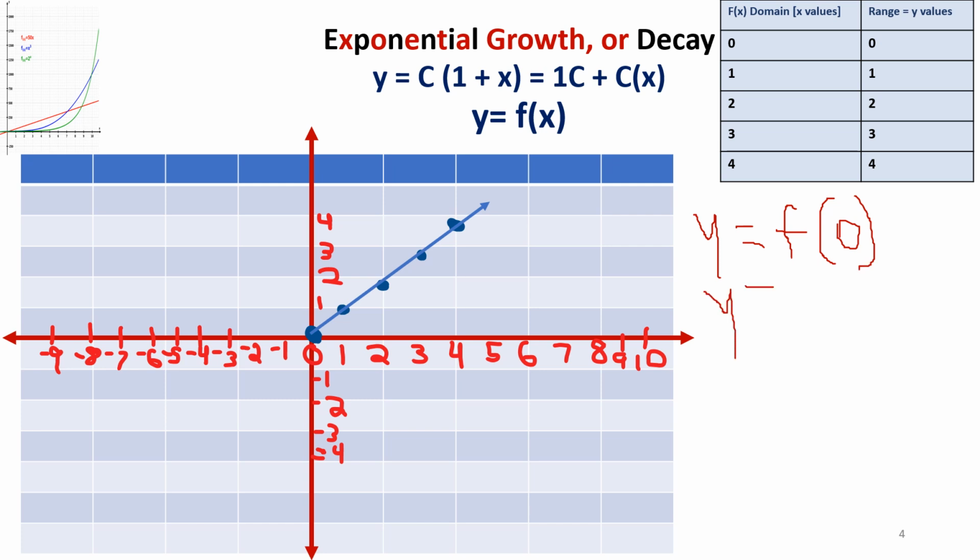So y is going to equal f as a function times 0, because x is the only thing that you have to replace. When you multiply this out, you're going to get y equals 0. So you have two values here, 0 for x, 0 for y.